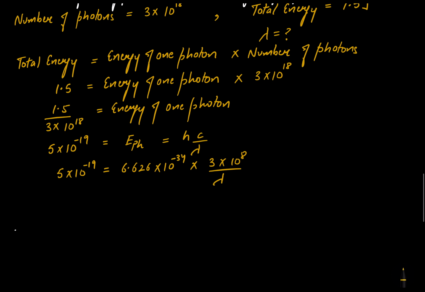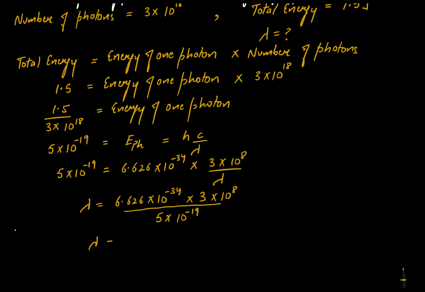So wavelength comes out to be 6.626 into 10 to the power minus 34 into 3 into 10 to the power 8 divided by 5 into 10 to the power minus 19.